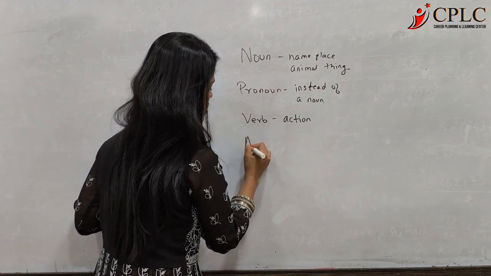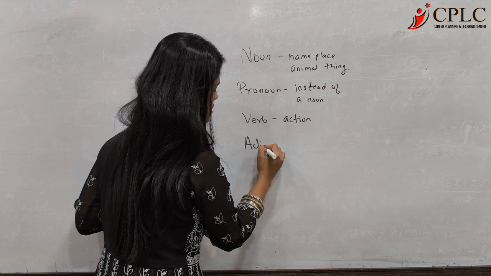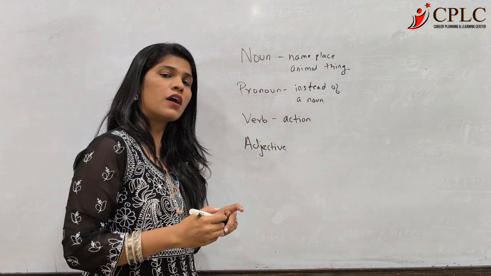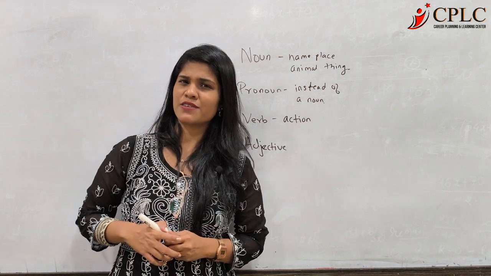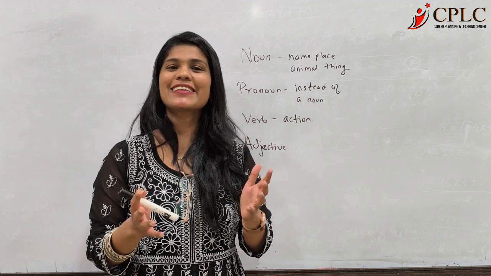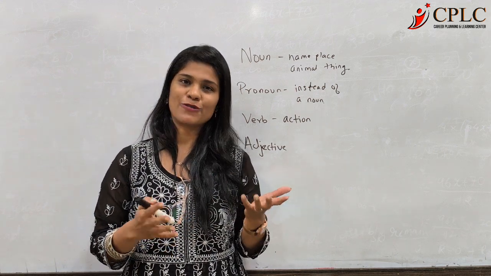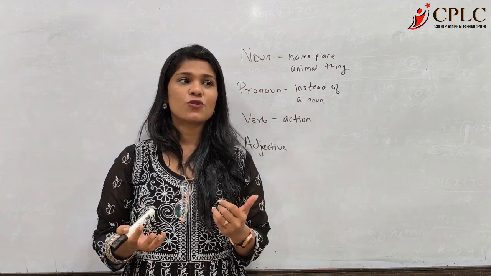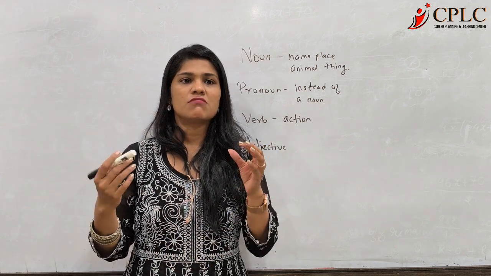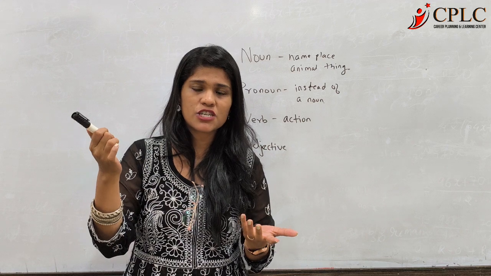Okay. What's an adjective? Explains more about the noun. Yes, it's about a noun. So anything that gives more information about a noun is an adjective. So beautiful girl, beautiful becomes an adjective. Thick pen, thick becomes an adjective.